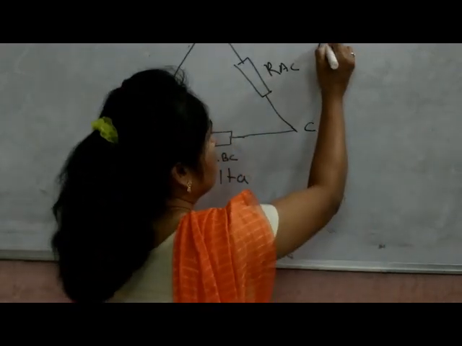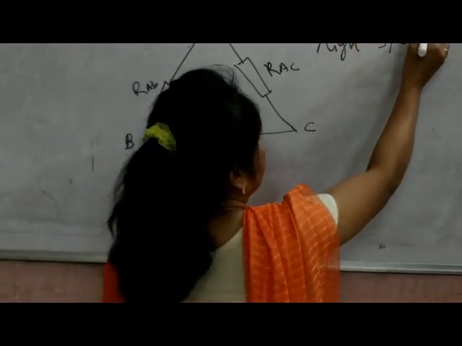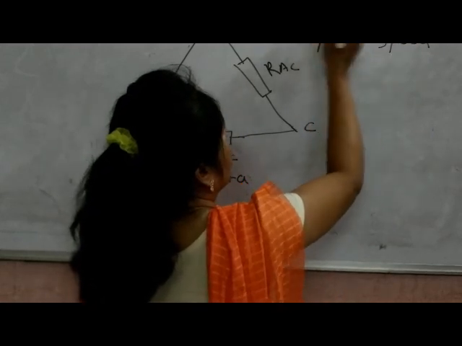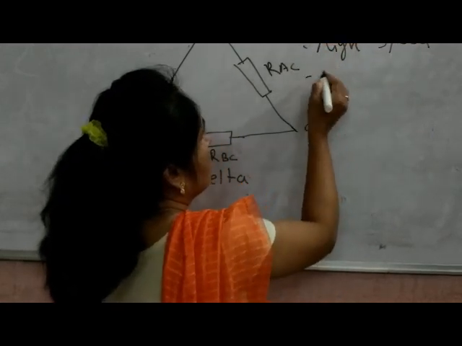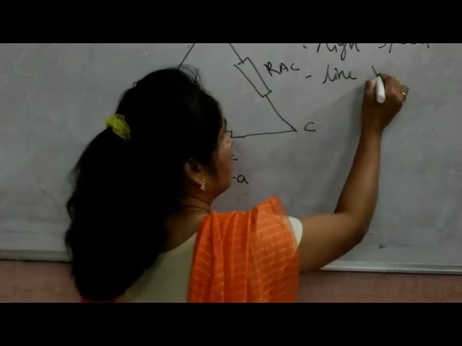High speed phenomena will be generated. First is the neutral form, and thirdly the line voltage form will be generated.